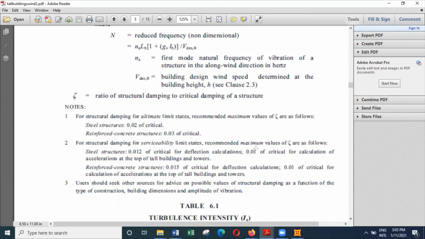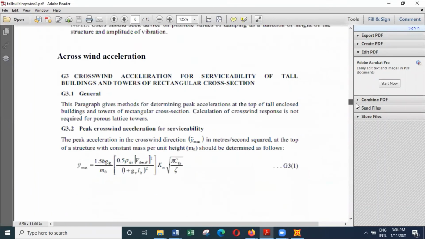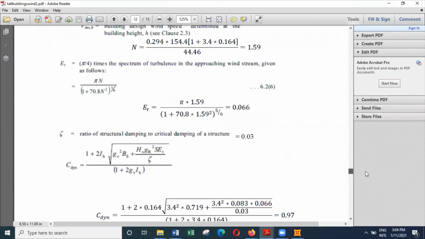When you are looking at structural damping for solid state, when you are calculating for deflection, 0.01. For reinforced concrete structures, for deflection it is 0.015. For acceleration it's 0.01. So I have to substitute 0.01 for damping.